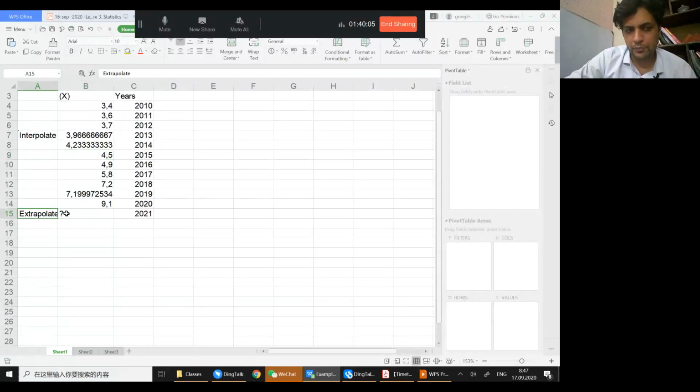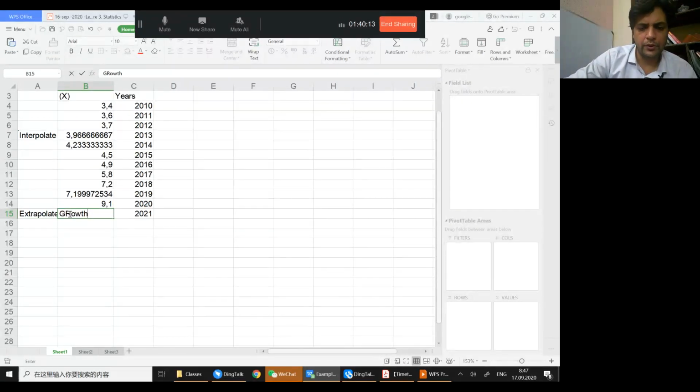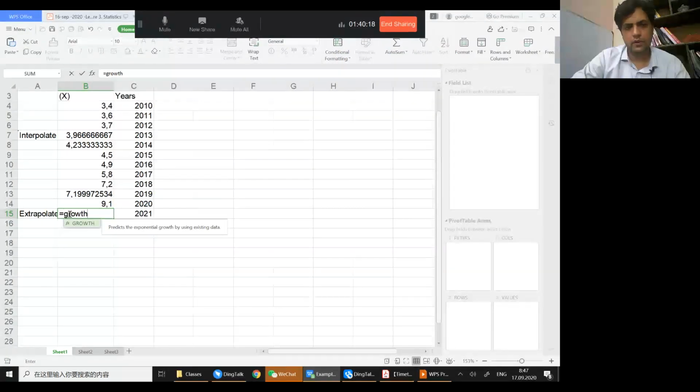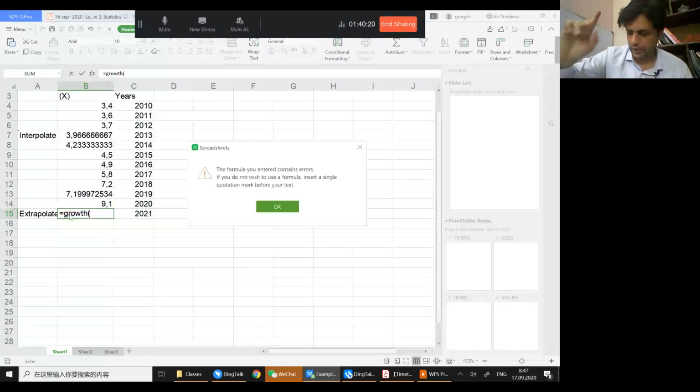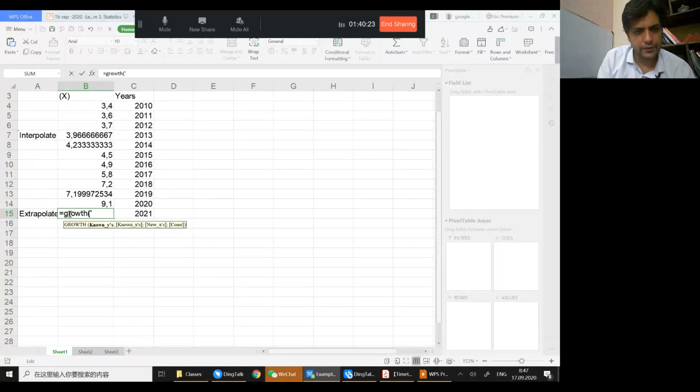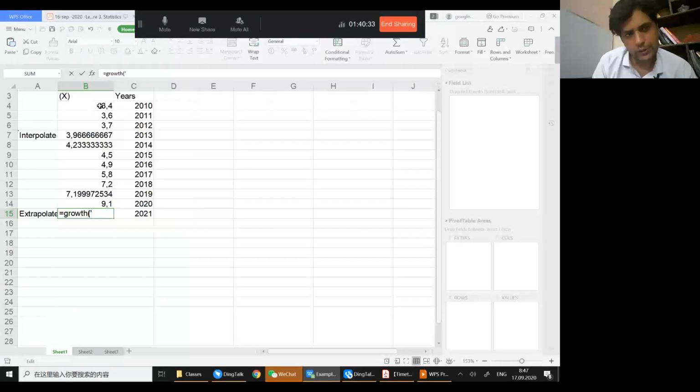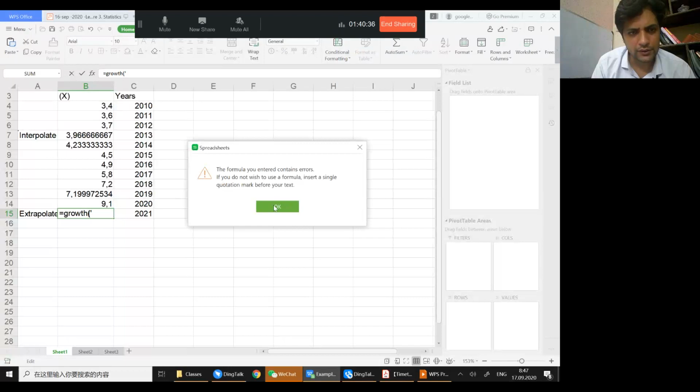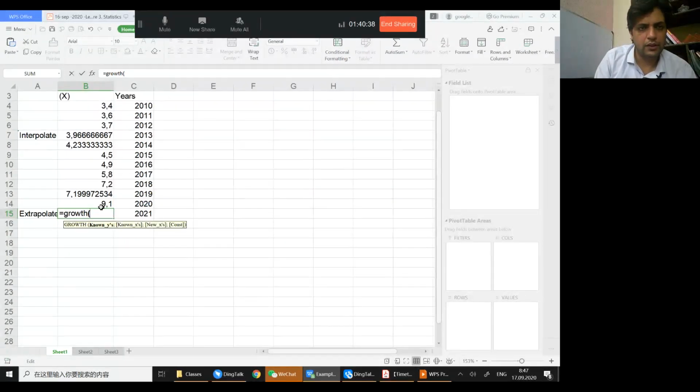How to extrapolate? You just get the data from growth. You can use this formula: GROWTH. How to do that? So known Y, right? So how many X do you know? You know these X, these are the known X you already know.